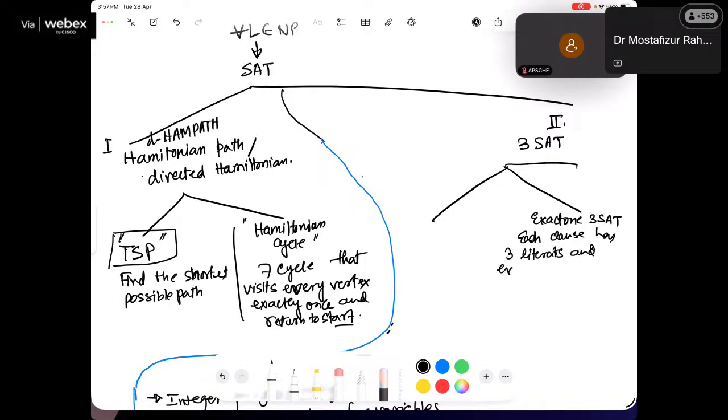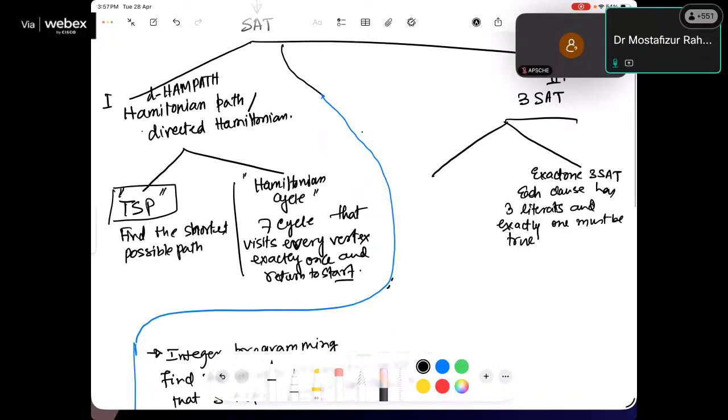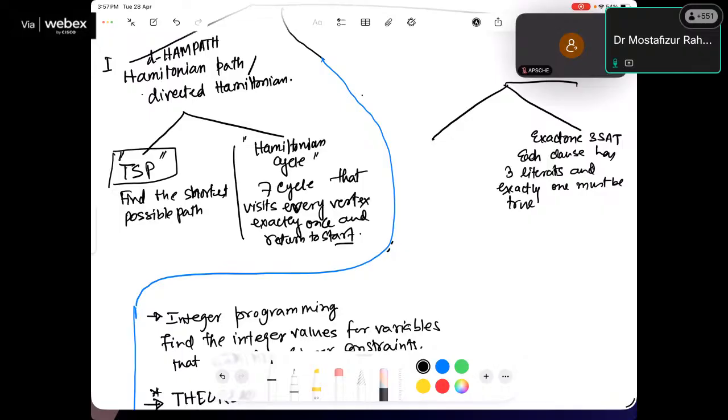Because in each clause you can take any variables, right? X1, X2, X3, or X2, X3, X4, or X2, X4, X5, right? But exactly one has to be true among the literals. Then we say that particular problem is called an exact one-in-3 SAT problem, which is often used for the subset sum algorithm. So given numbers, find the subset whose sum equals a target value, right? So this kind of problem.